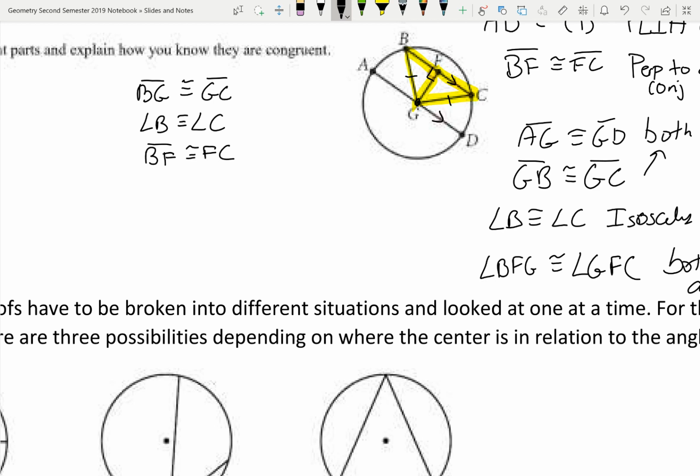So you have a side, angle, and a side, and then by side, angle, side, the triangles would be congruent to each other. Okay, so put that down here. Let's go ahead and write it out actually.